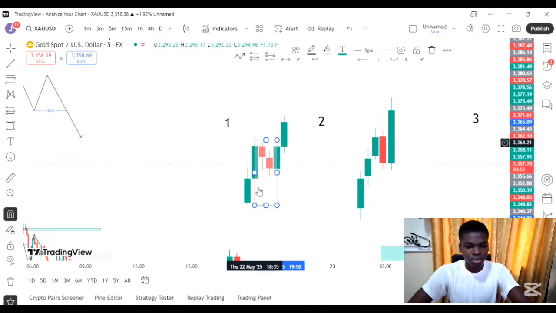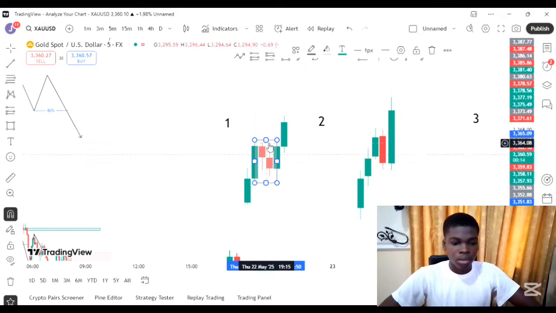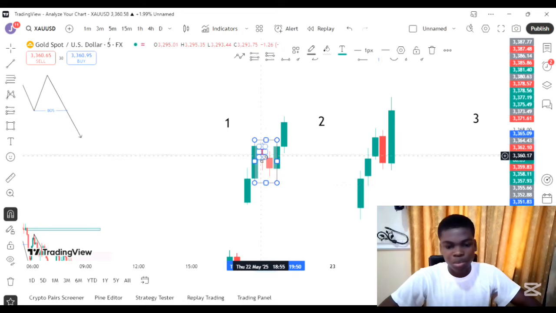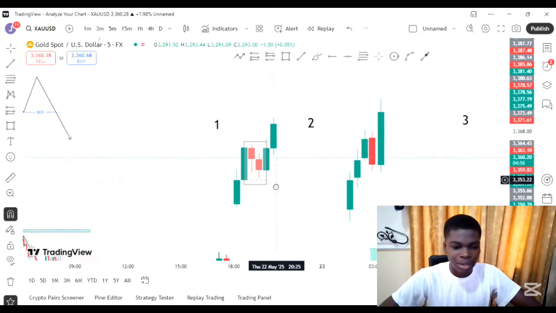Let's adjust this all the way down here, and now we can see one thing for sure. You can see that this candle here was protected, and then the candles inside did not come above this point, neither did they go below this point. Now it must not just be a body candle, it could just be a wick that came below this or anything. But here there's nothing like that.